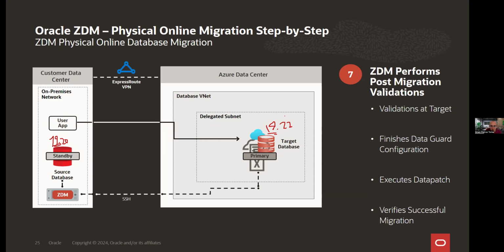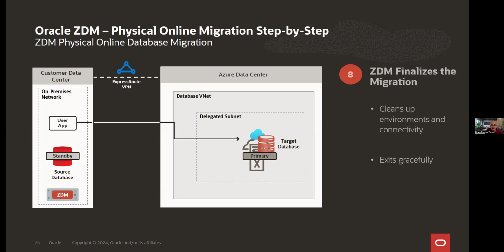So instead of 20, you have 22 here. And in this case, ZDM will automatically consider this and execute Data Patch afterwards. So your source database's data dictionary gets updated for the 22 release update as well, and it verifies the successful migration, cleans up the environment and the connectivity, and then exits gracefully, and then you are done with your migration.